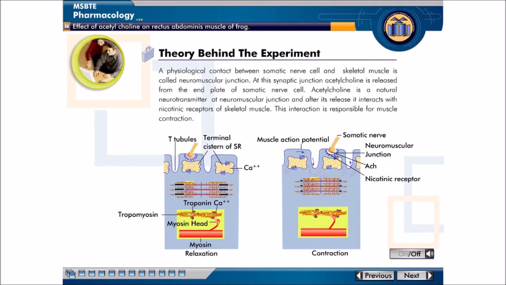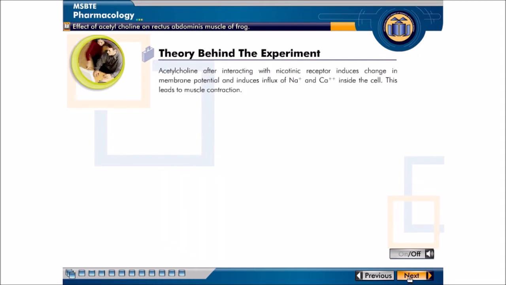This interaction is responsible for muscle contraction. Acetylcholine, after interacting with nicotinic receptor, induces change in membrane potential and induces influx of sodium ions and calcium ions inside the cell. This leads to muscle contraction.